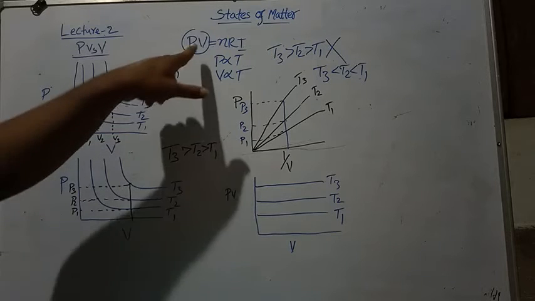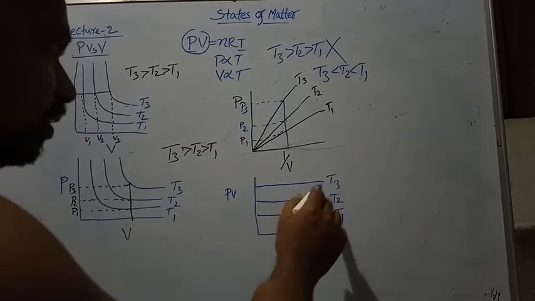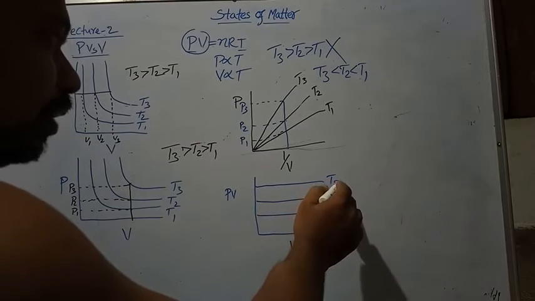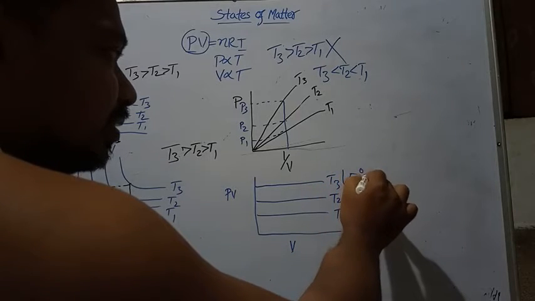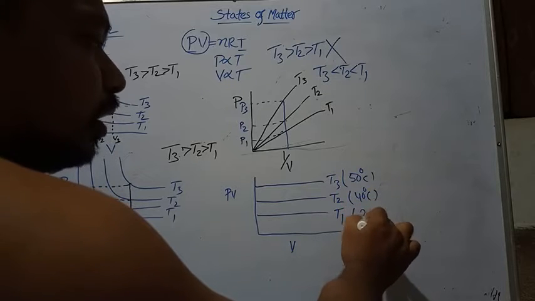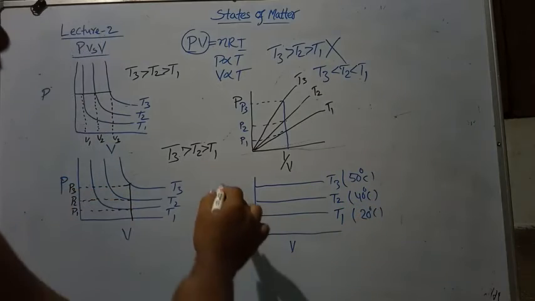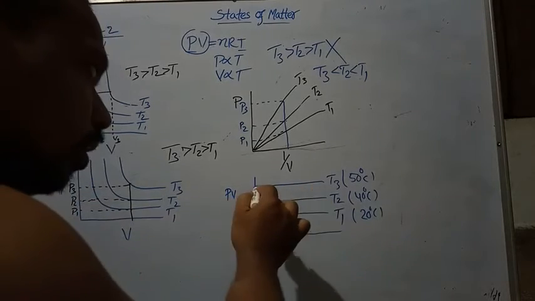Temperature increasing, PV value increasing. Keep in mind, each graph is constant. Compared to temperature T3, for example, this will be 50 degrees Celsius, this 40 degrees Celsius, this 20 degrees Celsius. PV value is more at 50 degrees Celsius, but it will be constant.